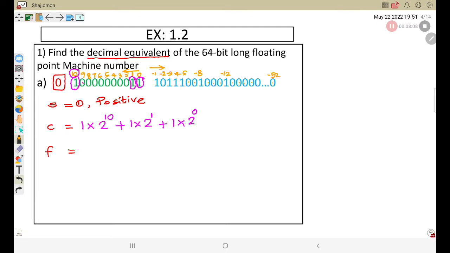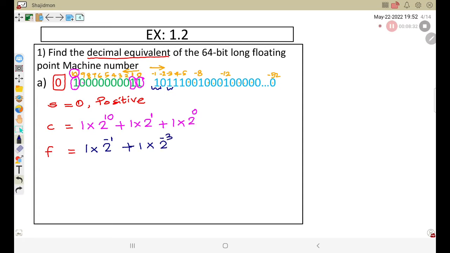Okay, now same way you can write the fractional part also. What is the fractional part here? See, this is the first one here. So 1 multiply 2 power position of the number is minus 1. Okay, plus next one is here, 1 multiply 2 power minus 3, correct?